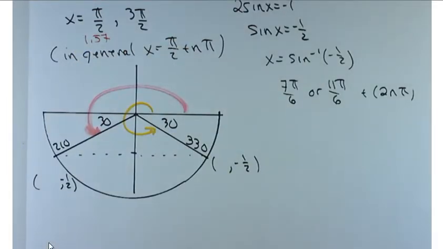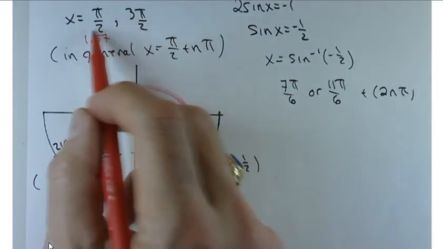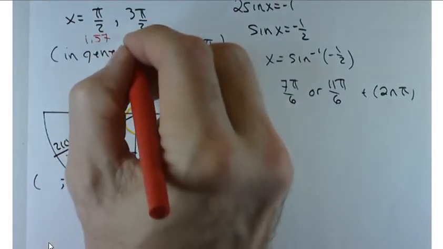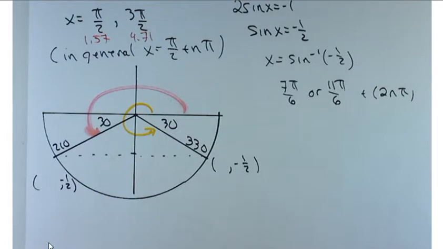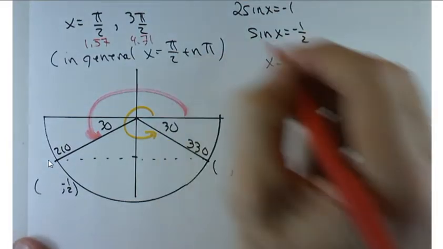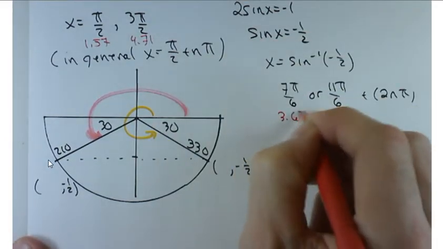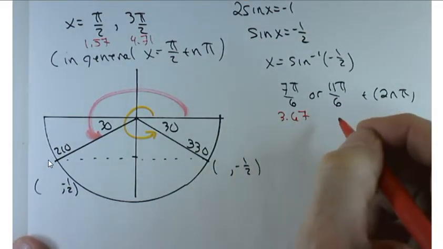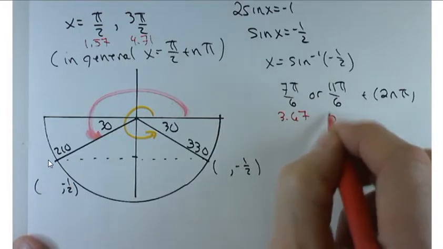This one is 3 times as much, so that's going to be about 4.71. 7 pi over 6, well, that one's going to be a little bit more than pi. Turns out to be 3.67. And the last one, 11 pi over 6, is going to be about 5.76.